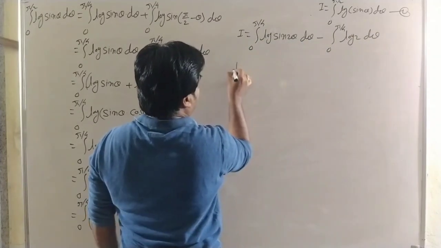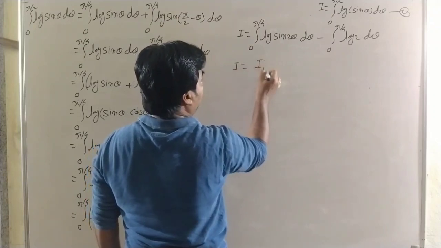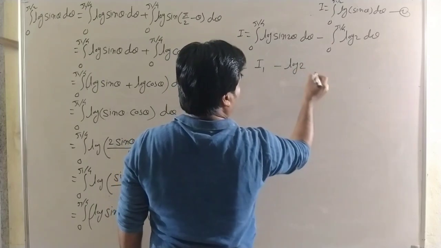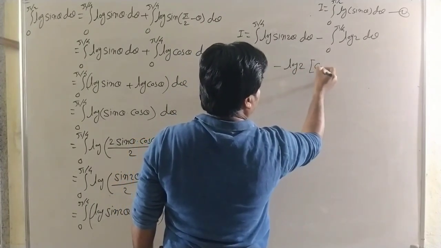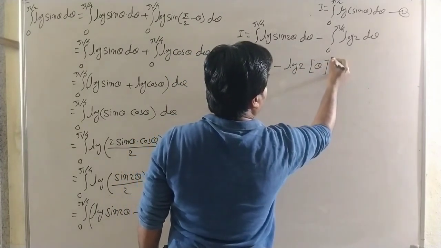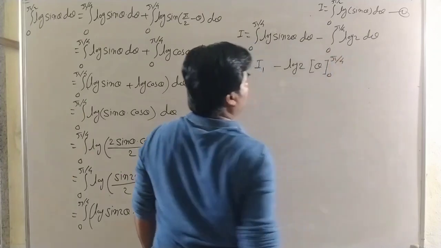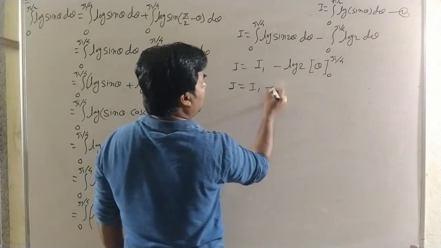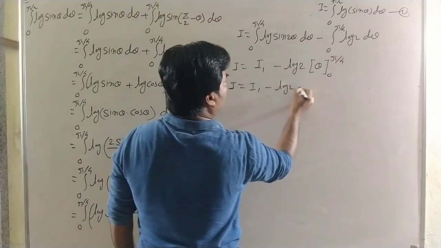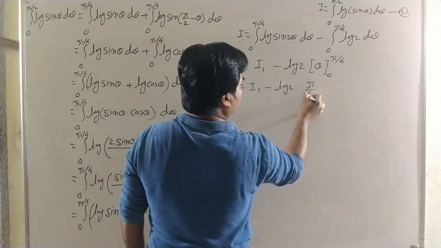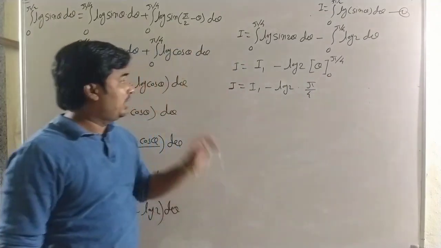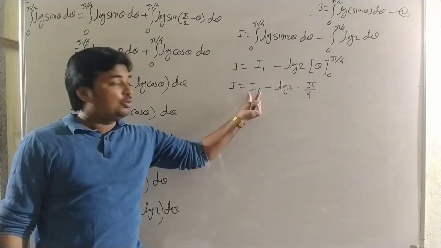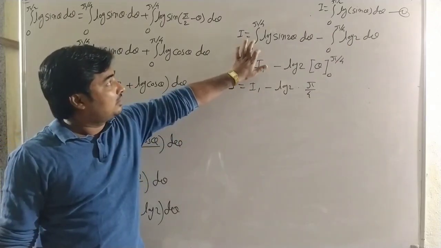Here it is I1 minus log 2 constant, and here integral d theta with limits 0 to pi by 4. Therefore I becomes I1 minus log 2 into pi by 4, that means pi by 4 minus 0. Now it is the last answer I, but first we solve this I1 integral.